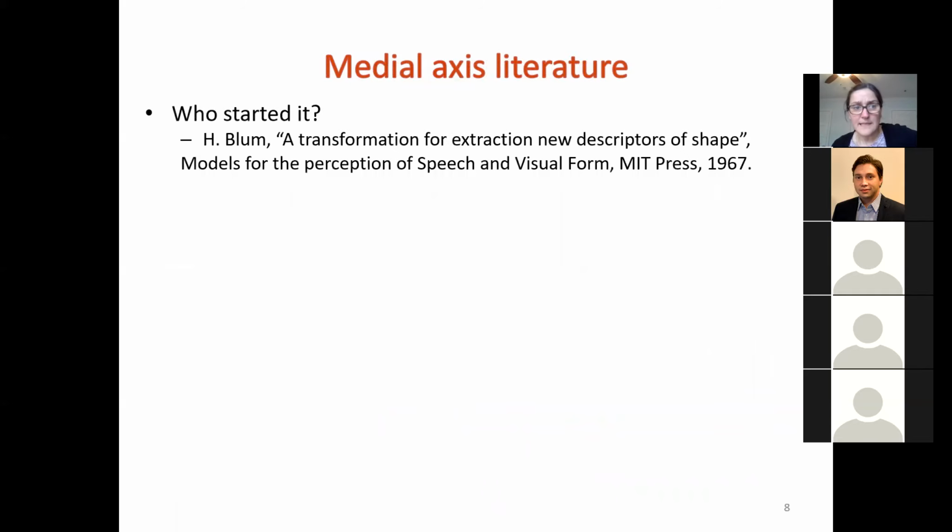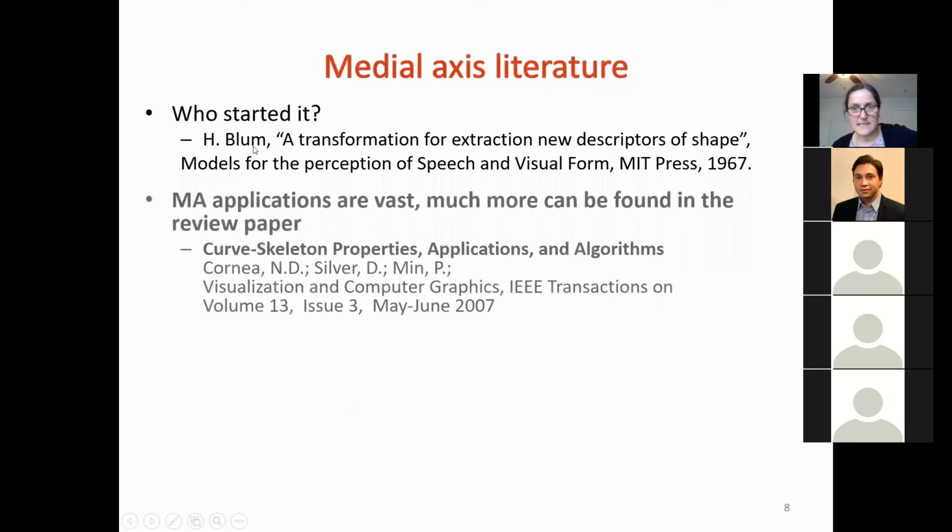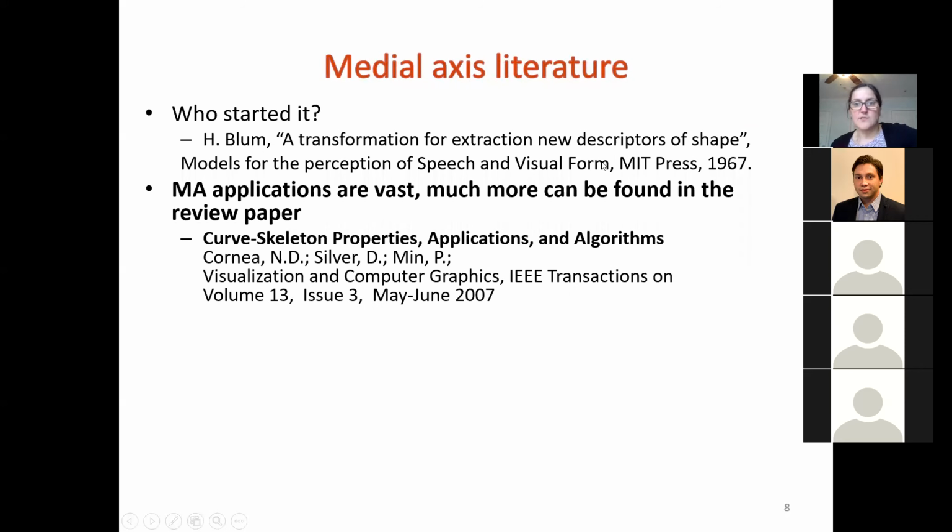In the literature, historically, it started as a description of shapes in biology by Blum in 1967, and it took quite a moment. This was, if I remember correctly, images of leaves and analyzing their structure.